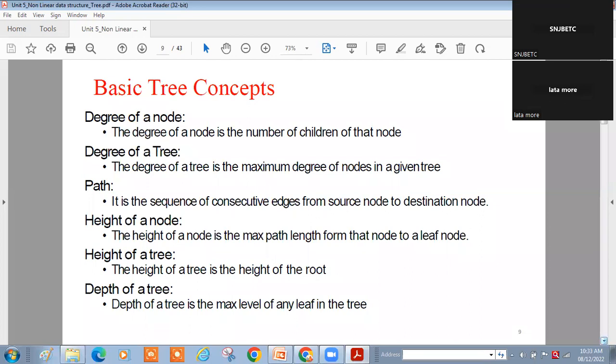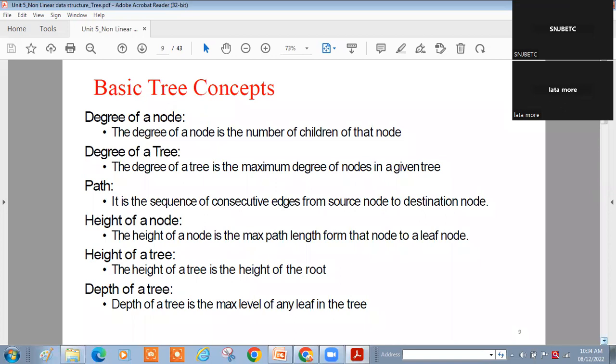Students, I think you are all getting me, and now we are moving to the deeper part of the tree. Here you can observe these are the basic tree concepts. First is degree of a node. I'm explaining all these terms, and in your mind a tree must be there. If you have a notebook and pen, you can draw a tree and learn from that tree diagram. So first is the degree of a node.